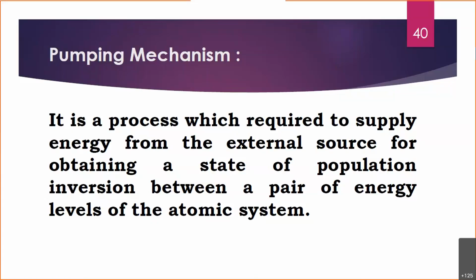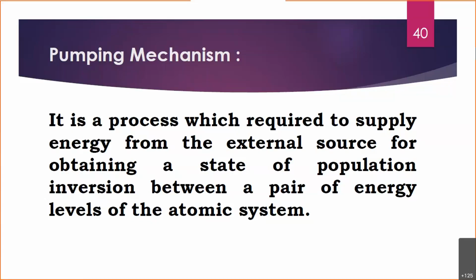Okay, so now it is also very clear, as I have written in the slide, that it is a process which requires supplying energy from the external source for obtaining a state of population inversion between a pair of energy levels of the atomic system. So as someone was asking earlier, how to achieve this N2 or this population inversion, for achieving this you require the pumping source or pumping mechanism.